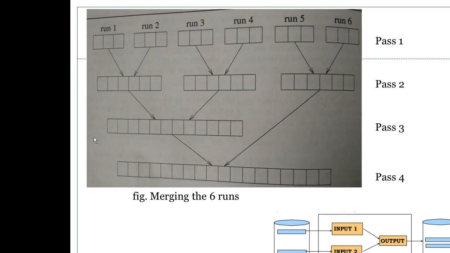Here, whenever the output buffer is full, it is written back onto secondary memory, right? So where will the sorted data be at the end of pass 4? Yes, at the end of pass 4, the complete sorted data is in secondary memory, right? That's why this is the external merge sort algorithm.